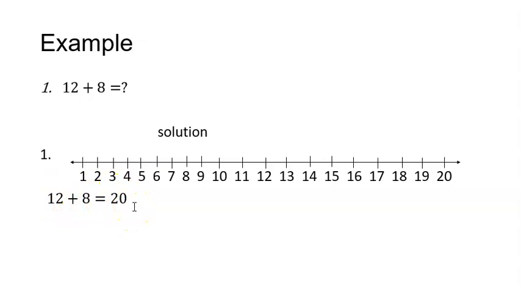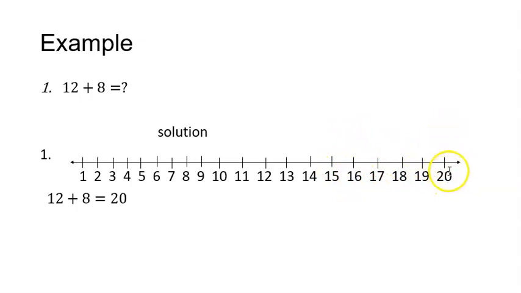Do you understand that? 12 plus 8 on our number line, we first of all located 12, then we moved 8 times because we're adding 8 to 12: 1, 2, 3, 4, 5, 6, 7, 8.